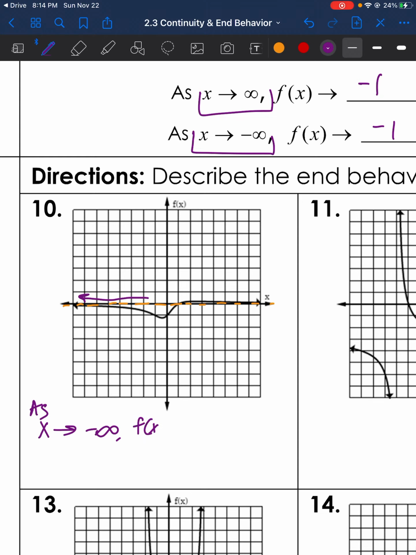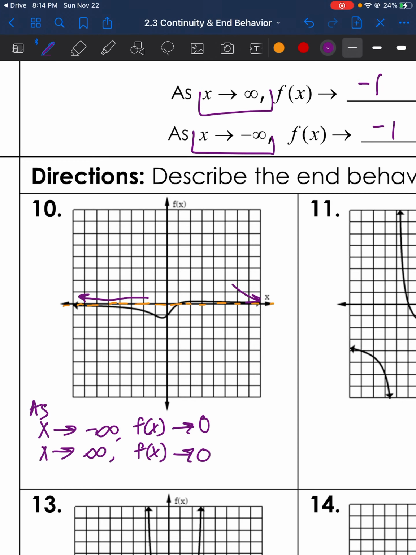So we say f of x is going to be approaching 0. And as x gets bigger, as it approaches infinity, the same thing, f of x is also approaching 0 from this side. It's only just going to keep getting closer and closer to 0.